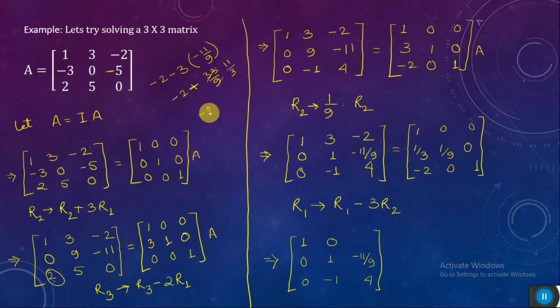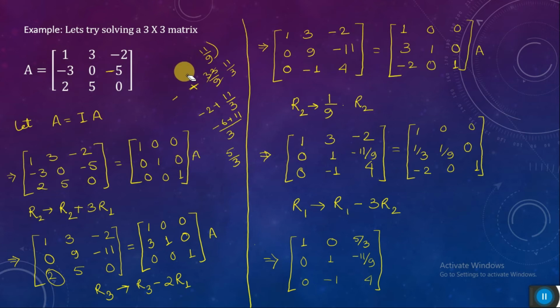So minus 2 plus 11 by 3. Take LCM 3: minus 6 plus 11, which will give you 5 by 3. Okay, it will give you 5 by 3. So here I will get 5 by 3. Clear?